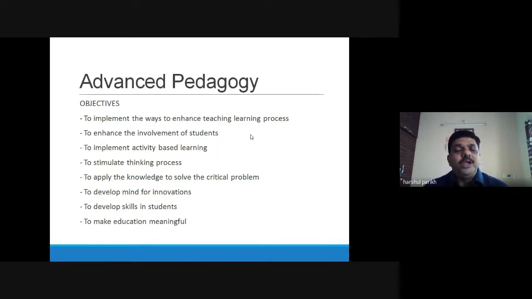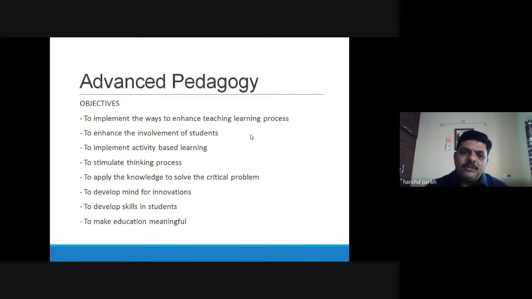Pedagogy must stimulate the thinking process in the student's mind. Students must be able to solve problems by applying their knowledge. And this pedagogy should develop a mind for innovation and research, because today's world demands new things. Everywhere we are facing more or less problems in our day-to-day life.